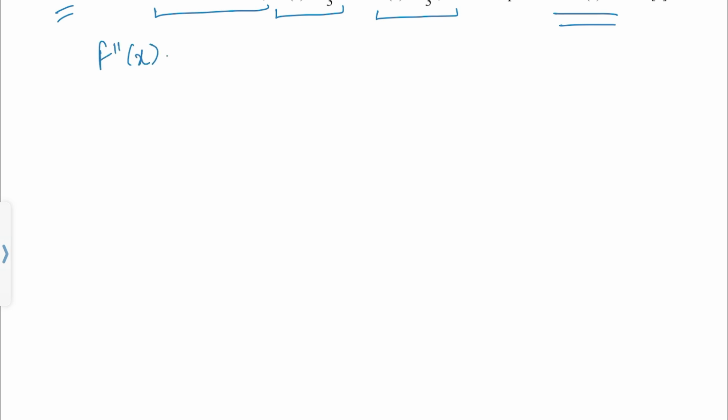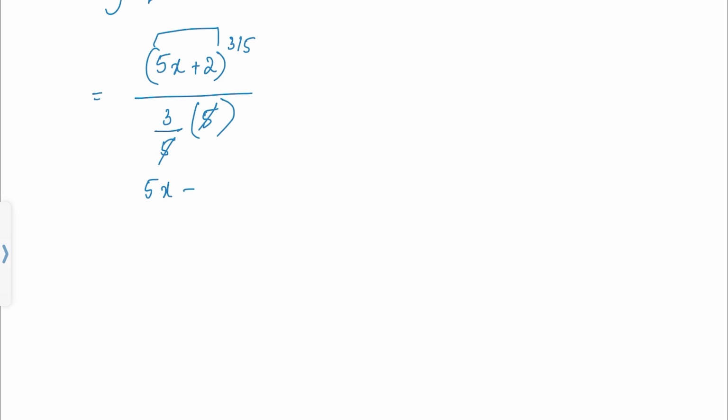f double dash x is given as 5x plus 2 to the power minus 2 over 5. We need to integrate it to get f dash x equal to the integration of this. Now, integrating this composite function means we need to add one to the power.